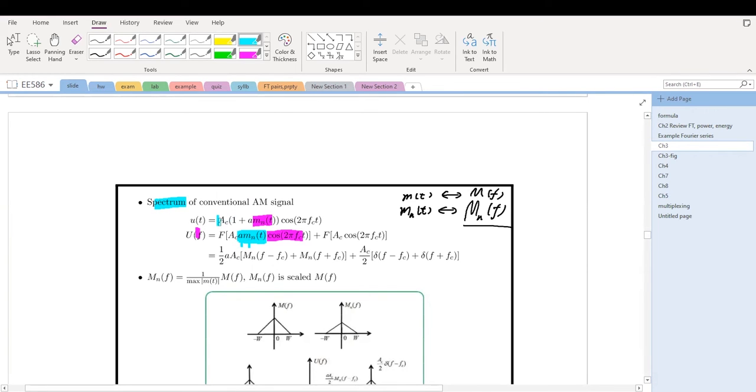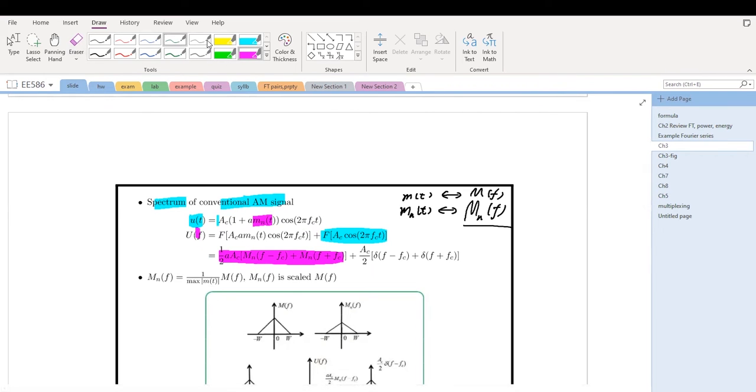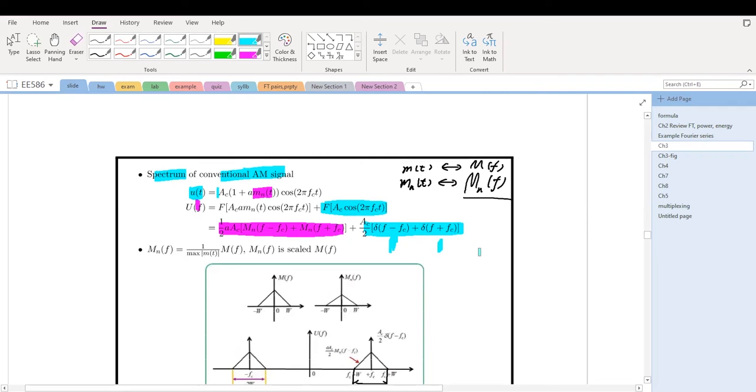And the second portion of the modulated signal for a conventional AM is the carrier signal itself. So if we take the Fourier transform, the first portion is a DSB-SC signal, and that's the spectrum using the modulation property. And the second portion is the cosine signal of the carrier. We have two impulses at fc and minus fc.